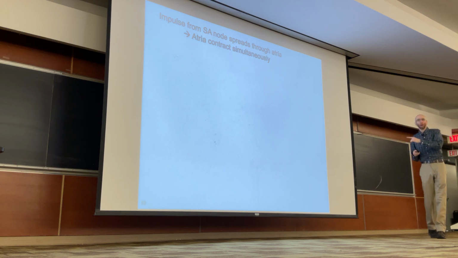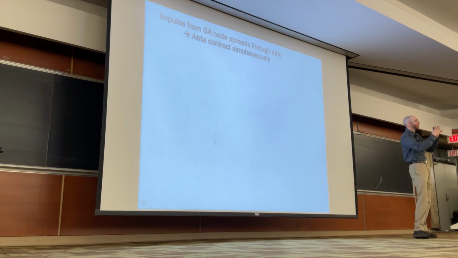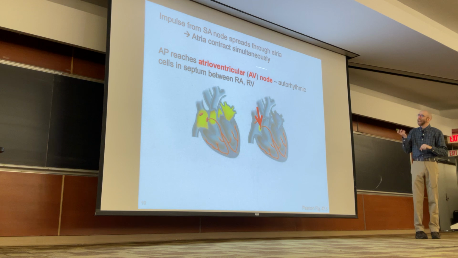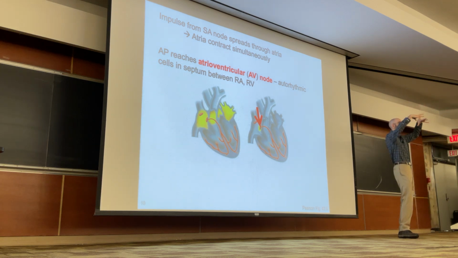That's how this is going to work. Once you initiate that action potential in the SA node, it's going to move spontaneously through all of the cells in the atria, causing the atria, right and left, together to contract as a unit from the top to the bottom. And the effect of that is to push the blood downwards into the ventricles.